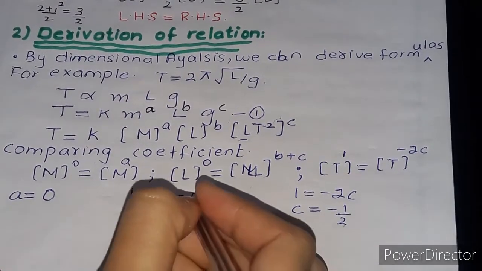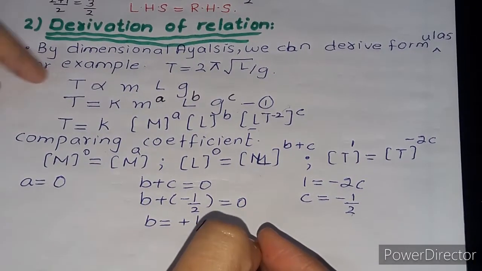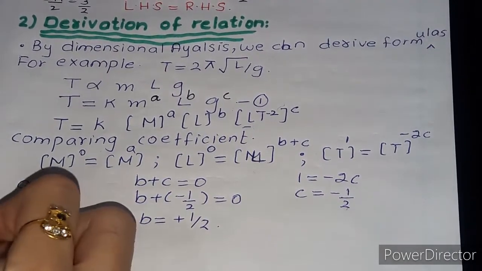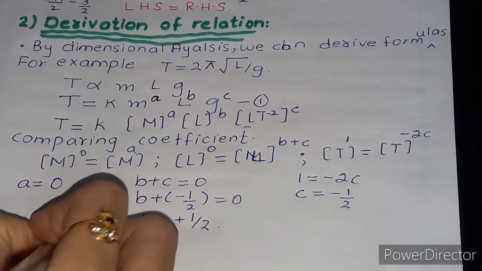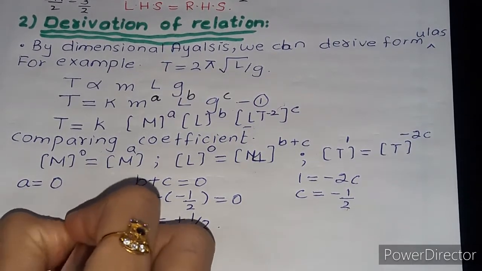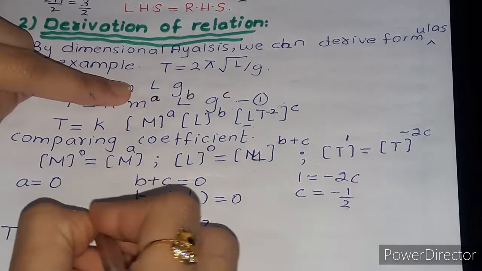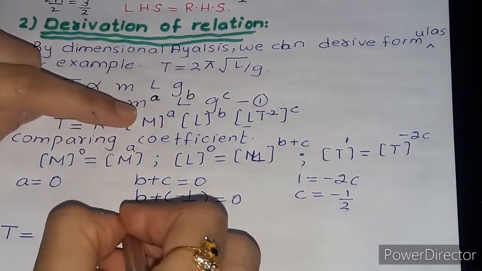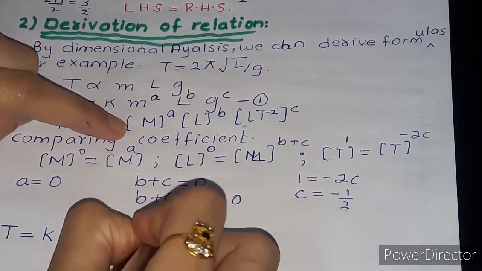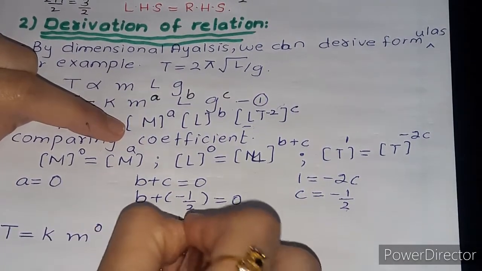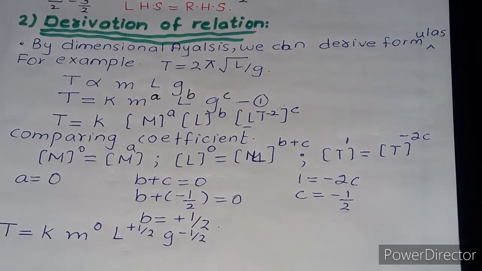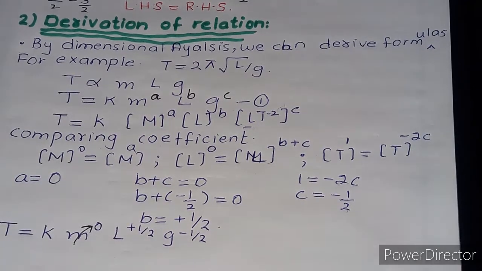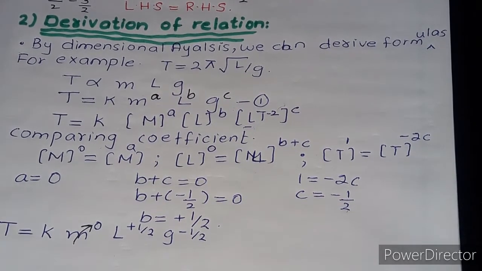Putting these values in equation number 1, we get T is equal to K, M to the power 0, L to the power 1 over 2, and g to the power minus 1 over 2. M is no more here because it is to the power 0.